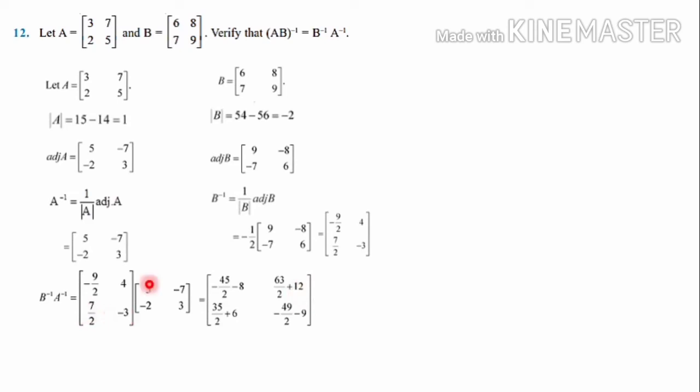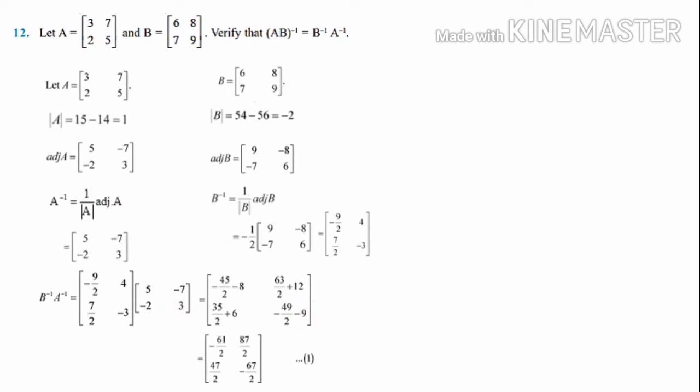Then second row with the first column, that is 7 into 5, 35 divided by 2, then -3 into -2, that is +6. Again second row with the second column, that is 7 into 7, 49, there is a minus sign, -49 by 2, then -3 into -3, that is -9.